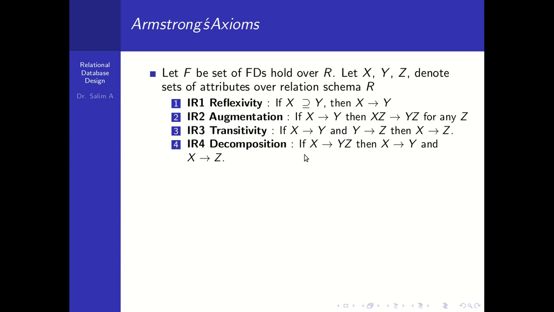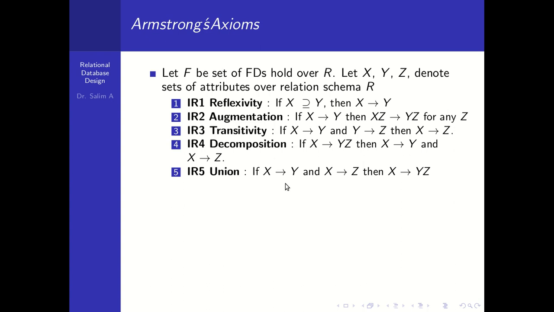What the decomposition rule says is that if there is an FD, X determines YZ, where Y and Z are attribute sets, then we can say X determines Y and X determines Z. Decomposition. That is on the right hand side, X determines those attribute sets individually. Similarly, IR5 is the union rule.